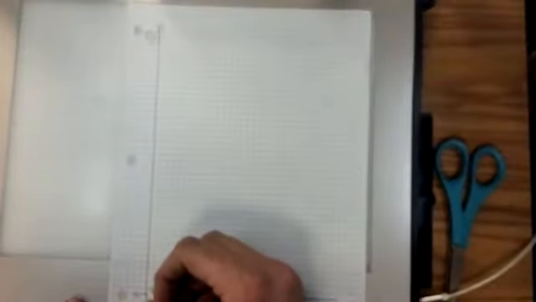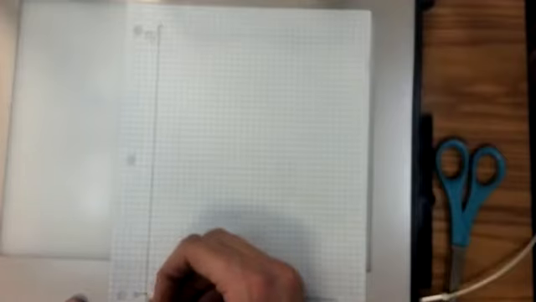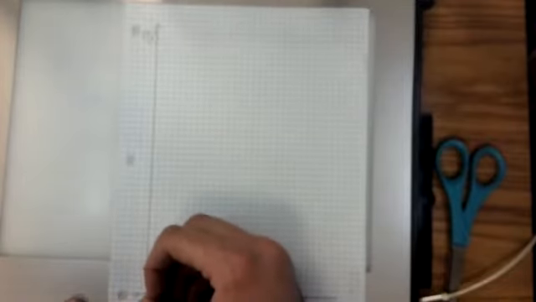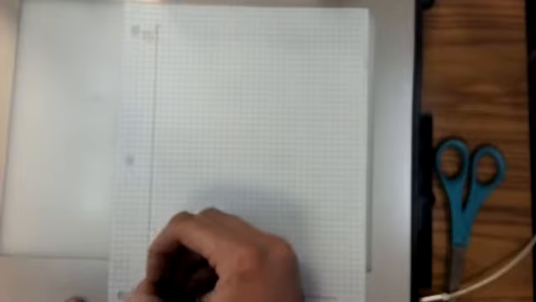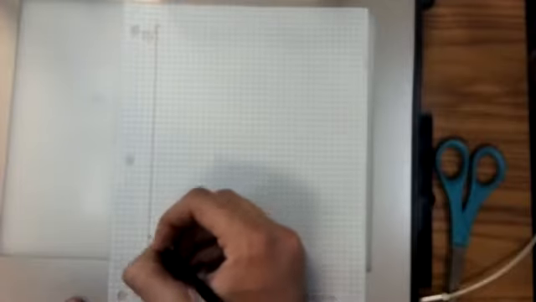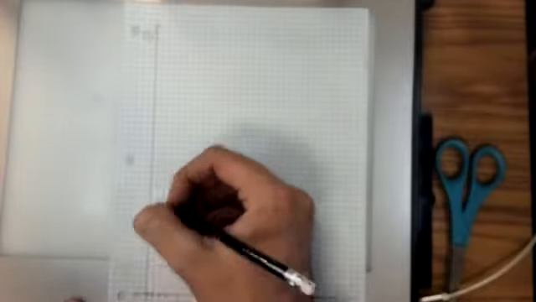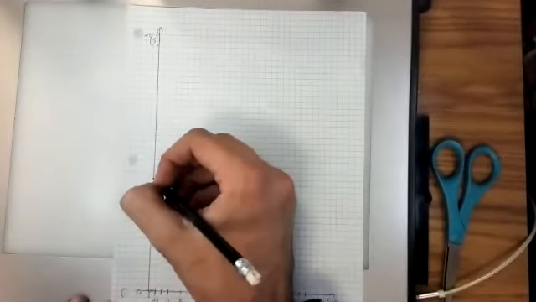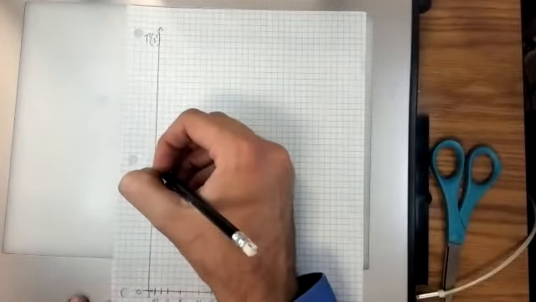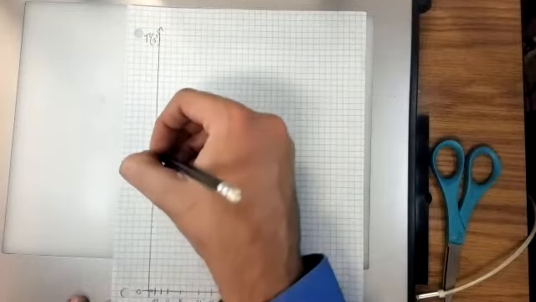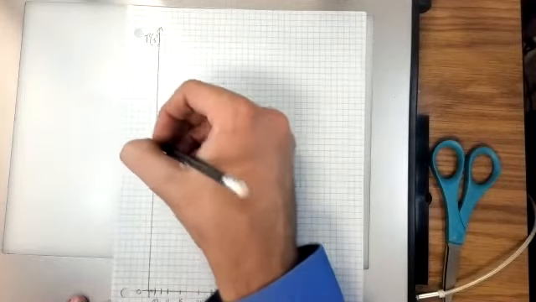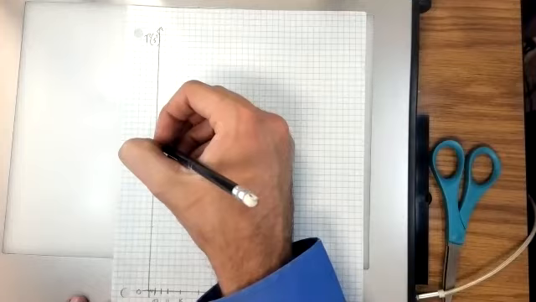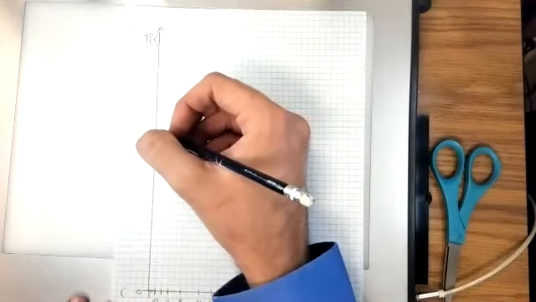Instead of every square being 0.1, every square is half of that, 0.05. Which means every 2 squares is 0.1. So I'm going to go 0.1, 0.2, 0.3, 0.4, 0.5, 0.6, 0.7, 0.8, 0.9, 1.